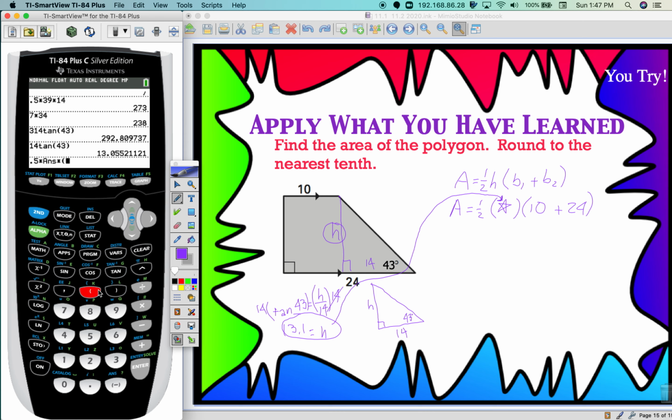And the sum of the bases is 34. And there you go, 221. I hit enter twice. Sorry about that. I'm just looking at the first one. 221.9 when you round it.